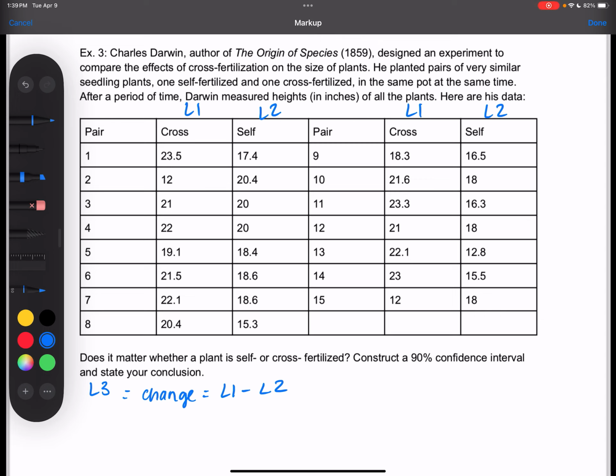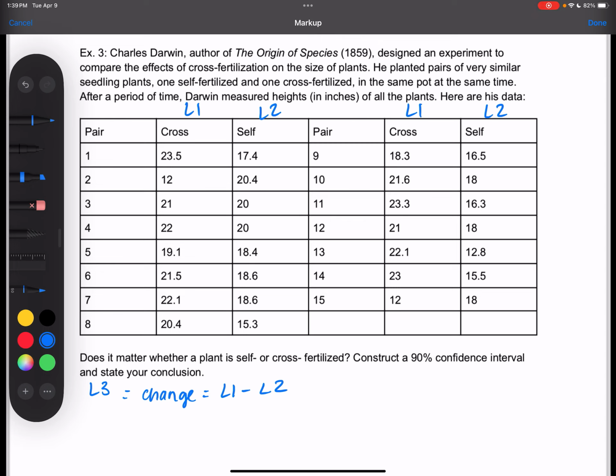So L1 minus second stat L2. And then when you hit enter, it's going to bring up like the curly parentheses of numbers. Then you're going to hit the STO button in the bottom left corner, which is going to store it. And then you're going to hit second stat L3 and store it in L3.